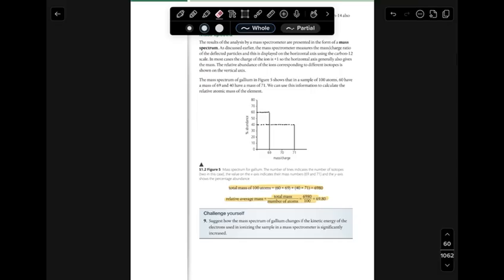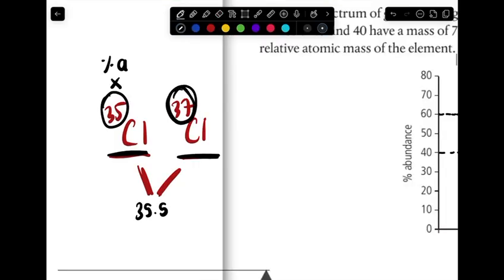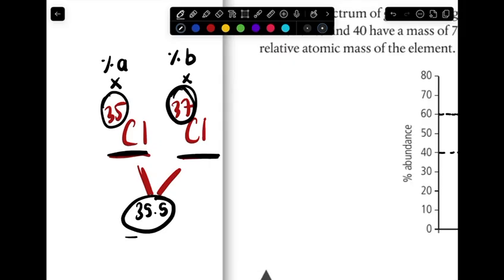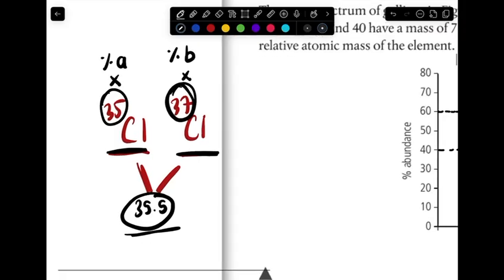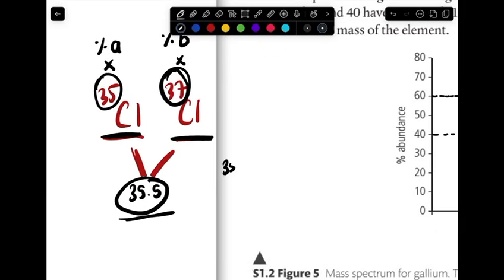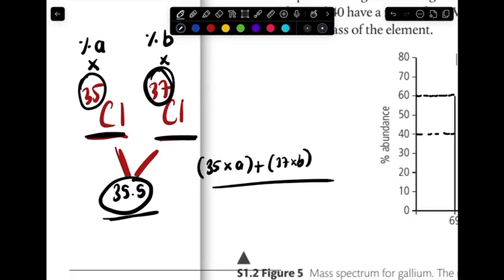So the mass number 35 times the relative abundance of this chlorine atom, plus the mass number 37 times the relative abundance of this chlorine isotope, will give us this. So the calculation is like this: 35 times A plus 37 times B, divided by A plus B, gives us 35.5.